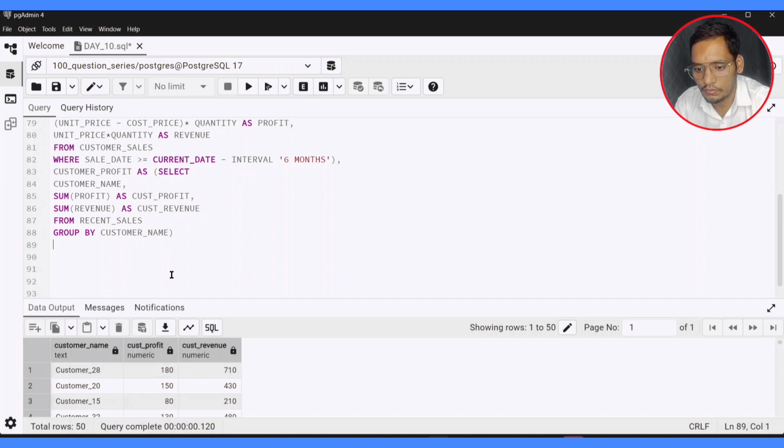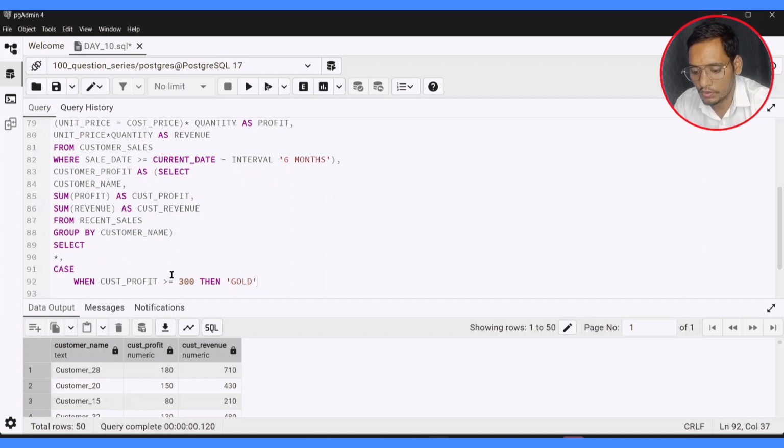So let's start with select everything, and then use CASE here: when customer profit is greater than or equal to, let's take here 300, then categorize as gold.